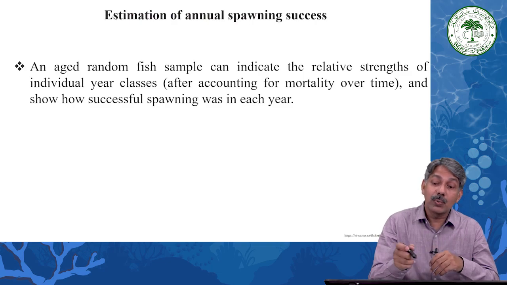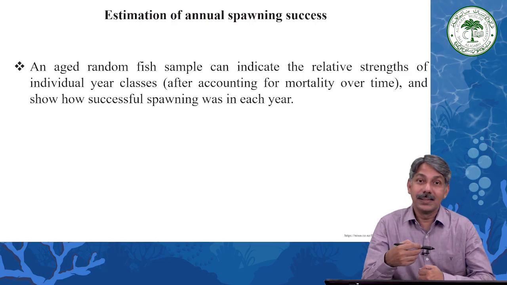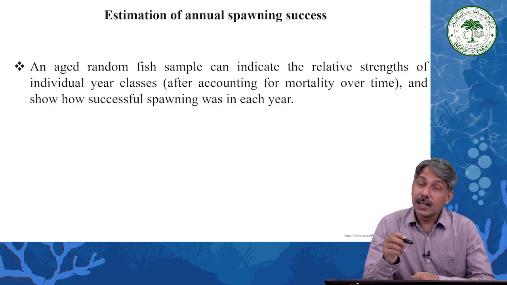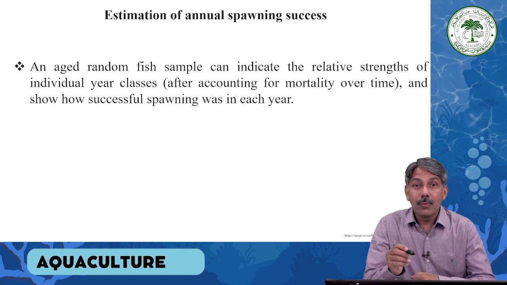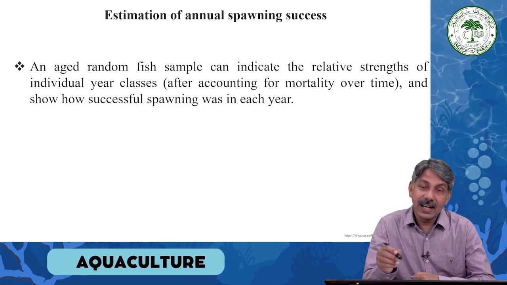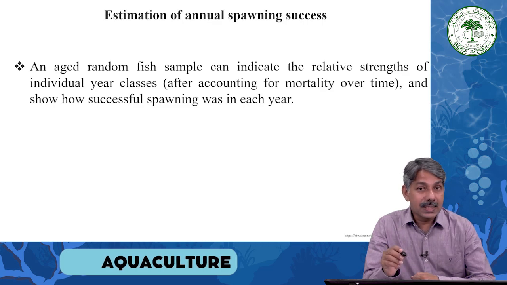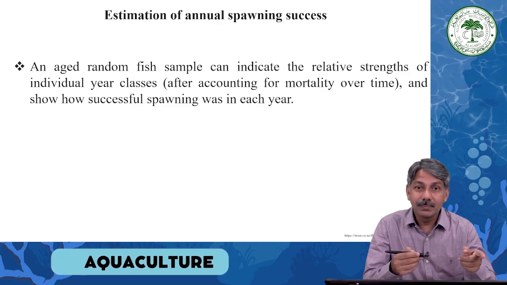Then estimation of annual spawning success, that is related to the previous point, age at first maturity. As I told you, fish brooders of different age groups, when they attain maturity for the first time, the fecundity per kg of their body weight may be different.